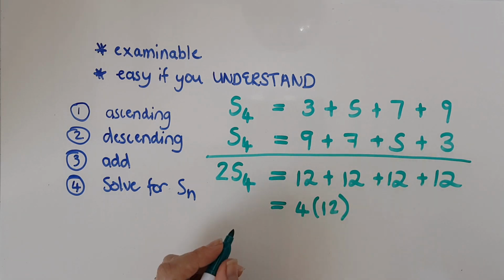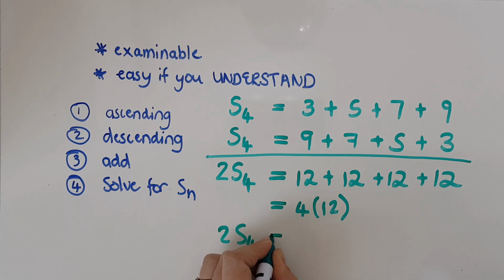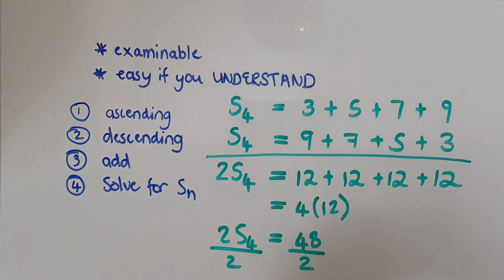Okay, so that means that 2 sums to 4 give me 48. Which means that for 1 of those, divide by 2 on both sides, ordinary equation style, the sum to 4 terms will be 24.